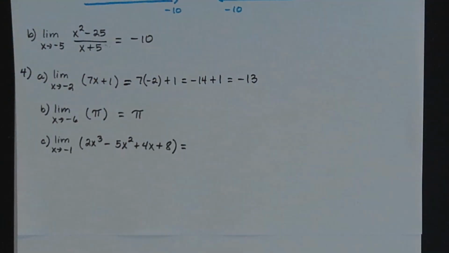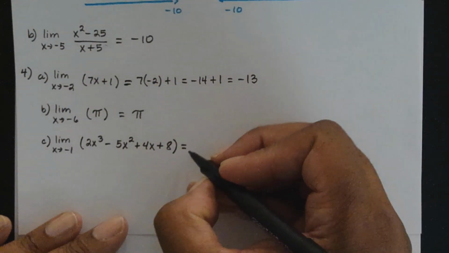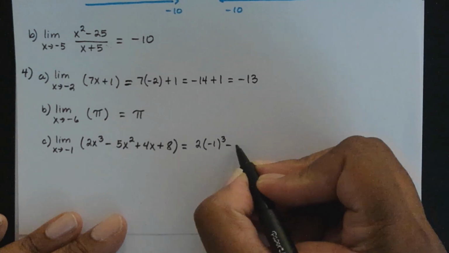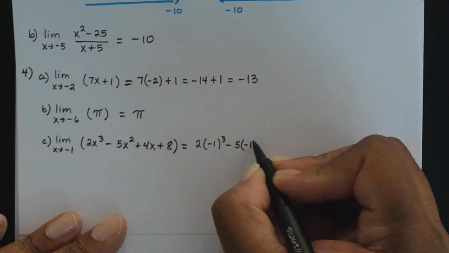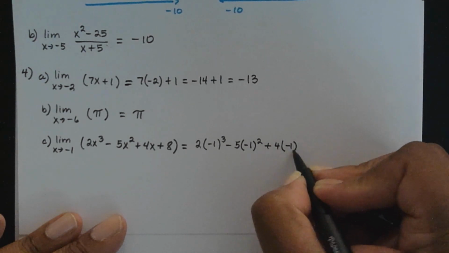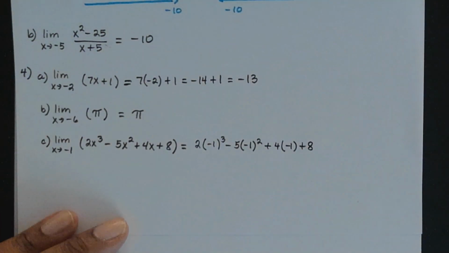With a polynomial function, you can always take the limit by using direct substitution. So here I can just substitute every x in that function with -1. So this will be 2 times -1 cubed, minus 5 times -1 squared, plus 4 times -1, plus 8.